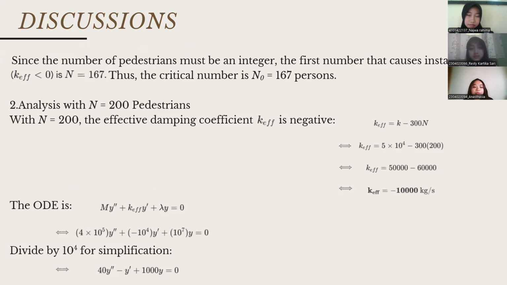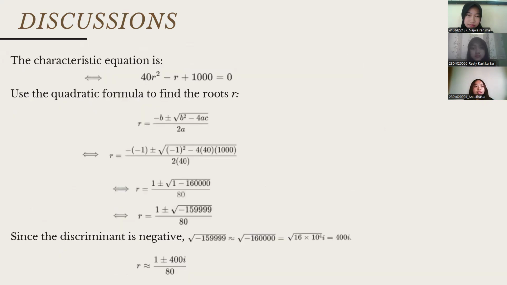We divide by 10 to the power 4 for simplification. In the end we get 40 y double prime minus y prime plus 1000 y equals 0. Then the characteristic equation is 40 r squared minus r plus 1000 equals 0.